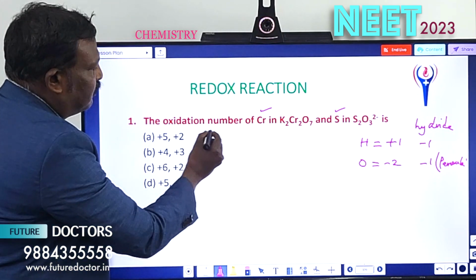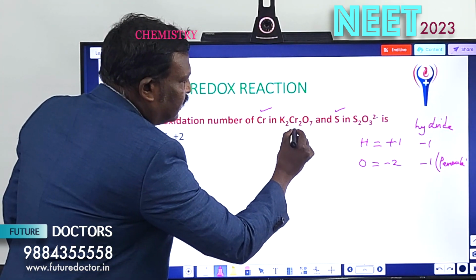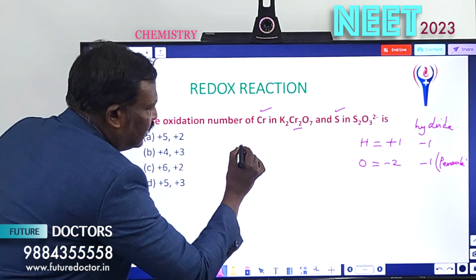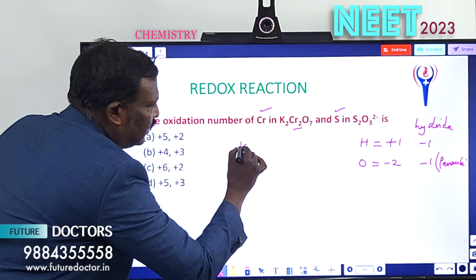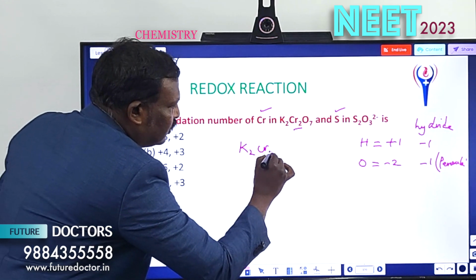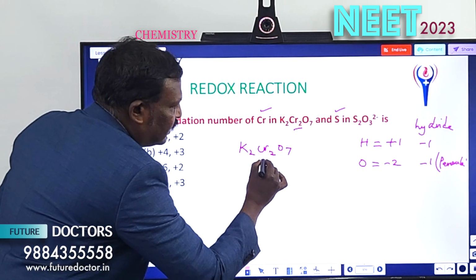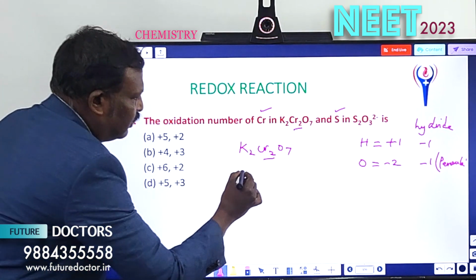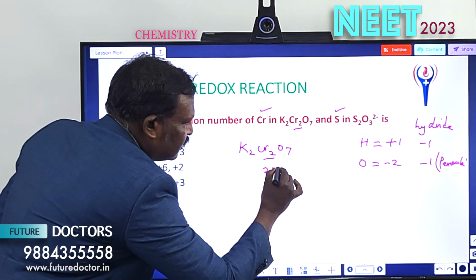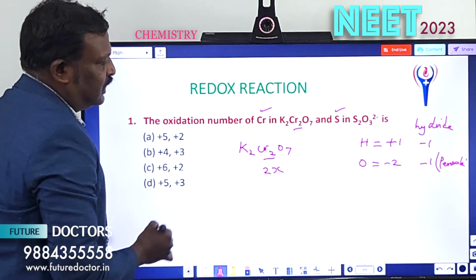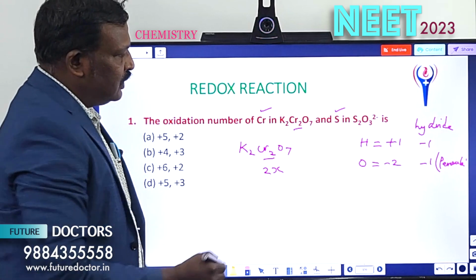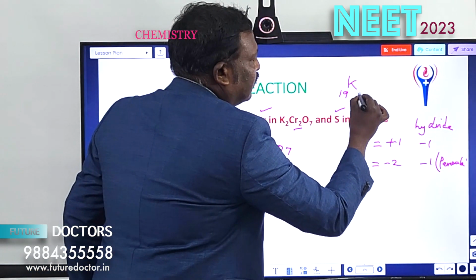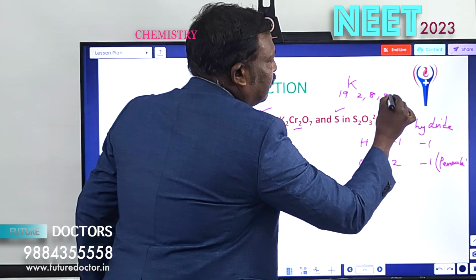See, the oxidation number of chromium in potassium dichromate. 2 chromium is present, no. I'll write it here. K2Cr2O7. Very simple one. Our aim is to find only the chromium oxidation number, so I keep it 2x. For potassium, the atomic number is 19, that is 2, 8, 8, 1.